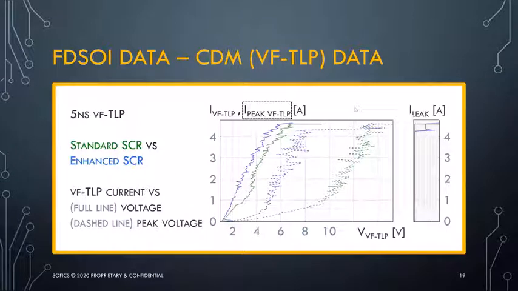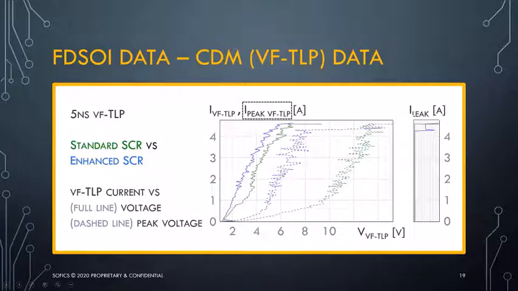And here I've compared a standard SCR, which are the green curves, and an enhanced SCR. I've alluded before that it is very important to use proper techniques to make these viable ESD protection devices. And what you can see here is demonstrated that is necessary. The dotted lines are the peak currents. So remember the transient voltage that I showed you on the previous slide. If you do not use the average of the tail, but you're using the peak current, you have a shifted curve, which is obvious.